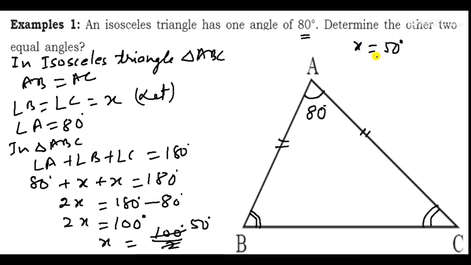So x is equal to 100 degrees divided by 2, which is 50 degrees. So the other two angles, angle B and angle C, are both equal and are 50 degrees. So that is your answer. So you can write it very well.